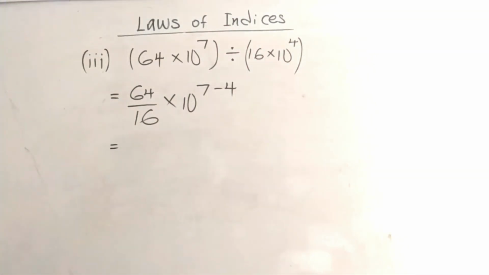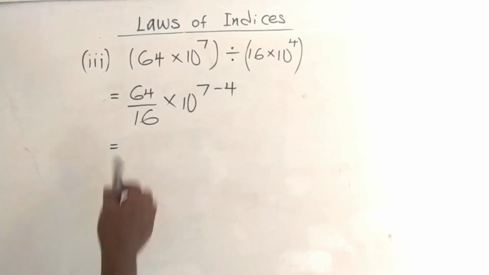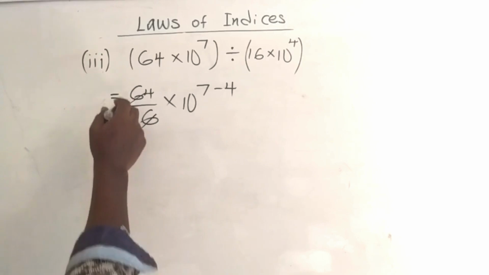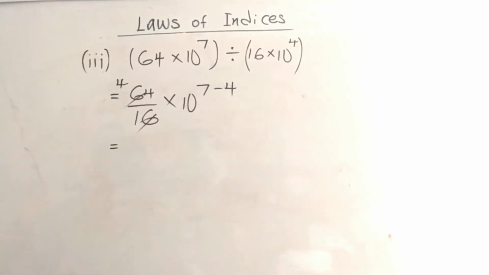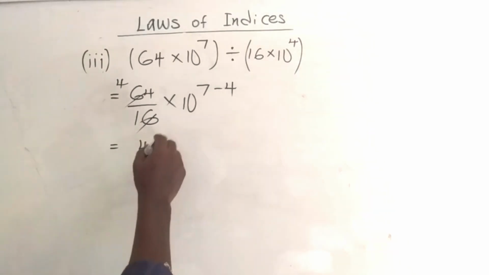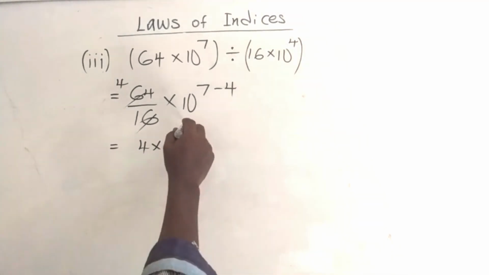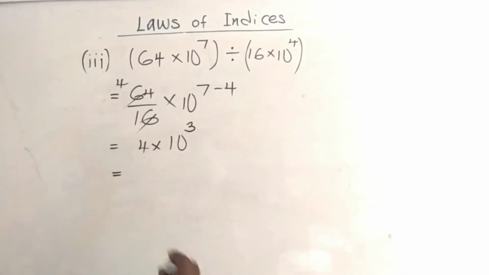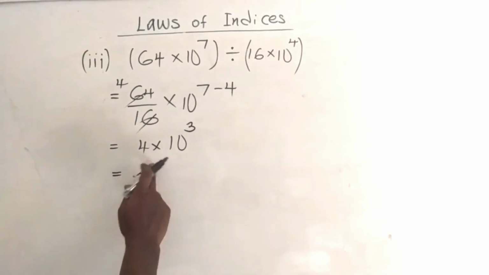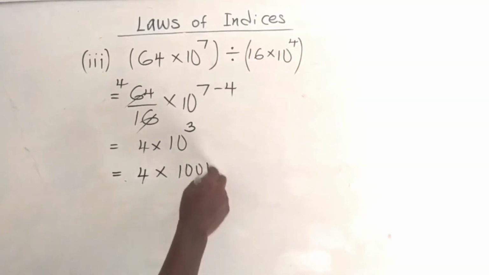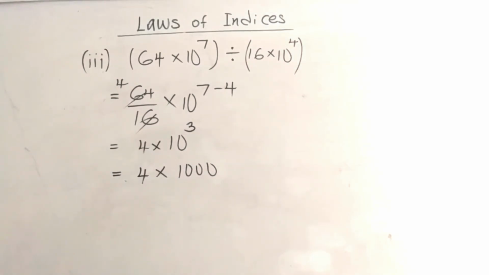Remember, under division, we are subtracting the powers. 16 goes into 64 4 times. 7 minus 4 gives us 3. 10 raised to the power 3 gives us 1,000. 1,000 multiplied by 4 gives us 4,000.